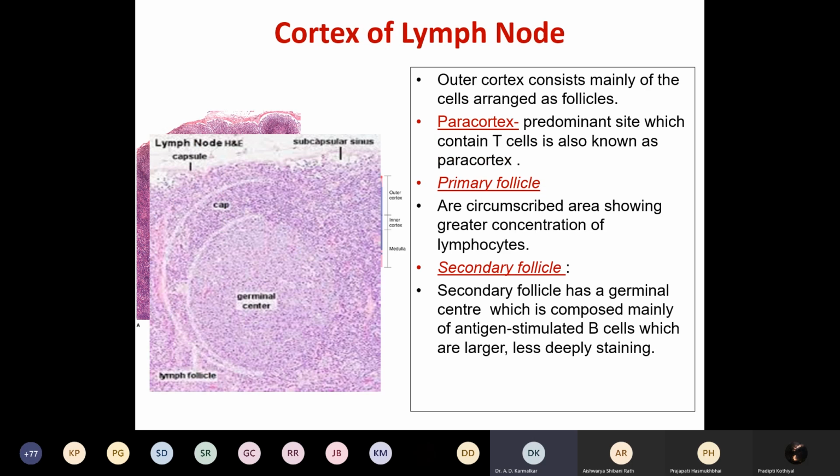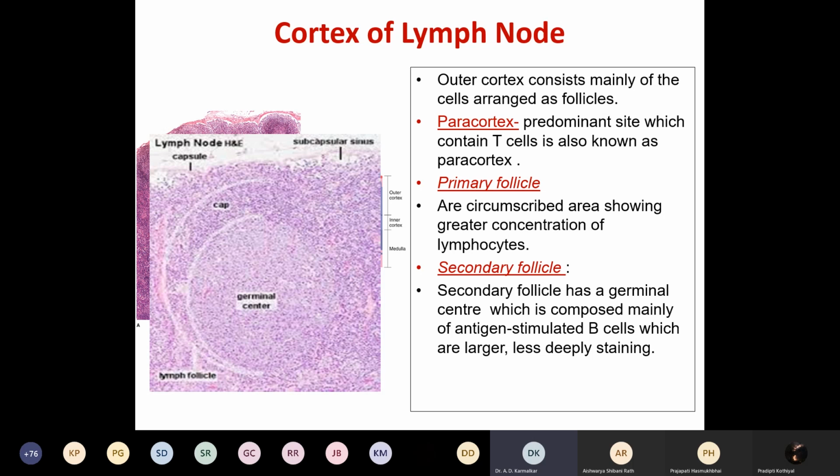Now, the cortex has different parts. It will show the secondary lymphatic follicles. We know the secondary lymphatic follicles have a germinal center in the center, and at the periphery densely arranged lymphocytes. There is also a paracortex, which is the area predominant for the T lymphocytes. We know the primary follicles, we know the secondary follicles.